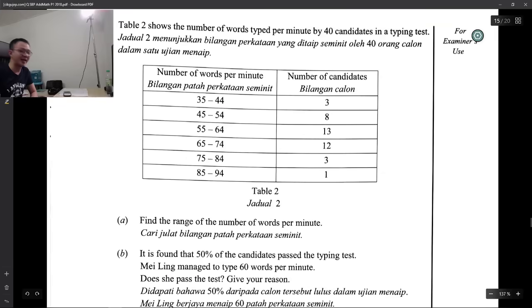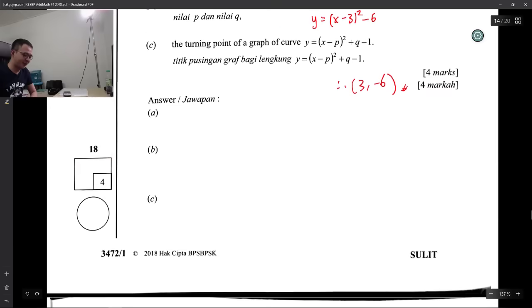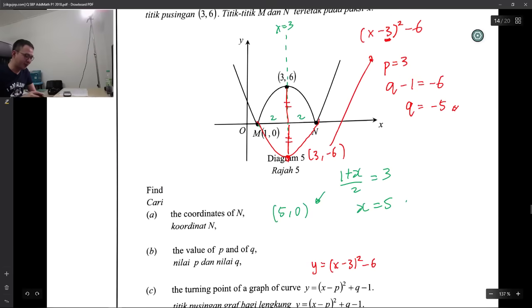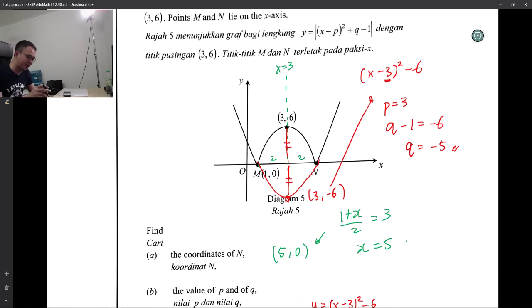Okay, question number 19 over here. Why -6? Because if you understand this graph, because of the modulus sign, they actually do the reflection. Anything below the x-axis, they're going to reflect to the top here. So this is the reason why you will get a 6 here.